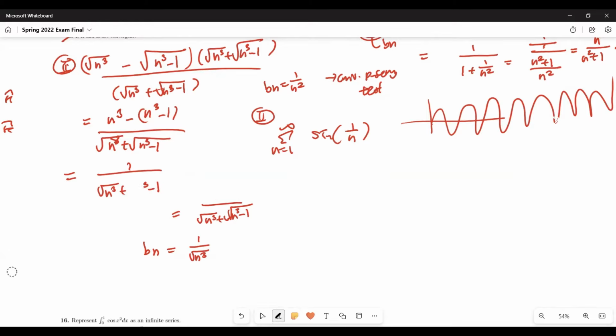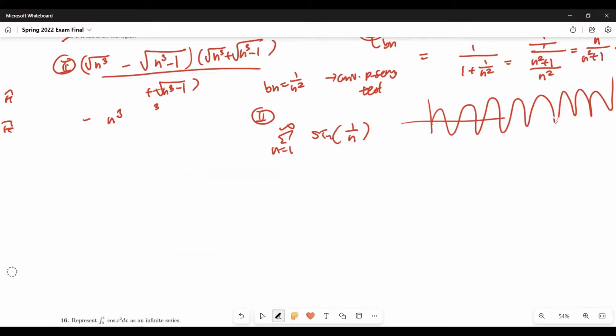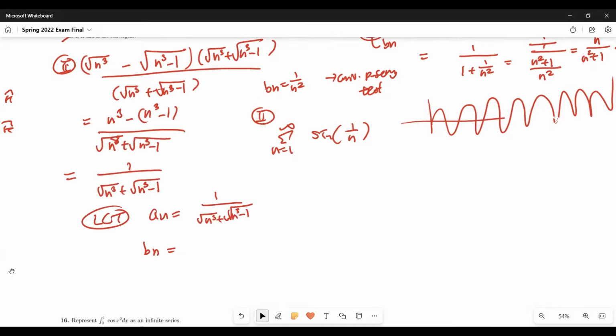Sorry, I'm not going to use limit comparison. I'm not going to do the limit comparison test; I can do the direct comparison test. That'll be easier. So I'm going to compare it with 1 over the square root of n cubed.